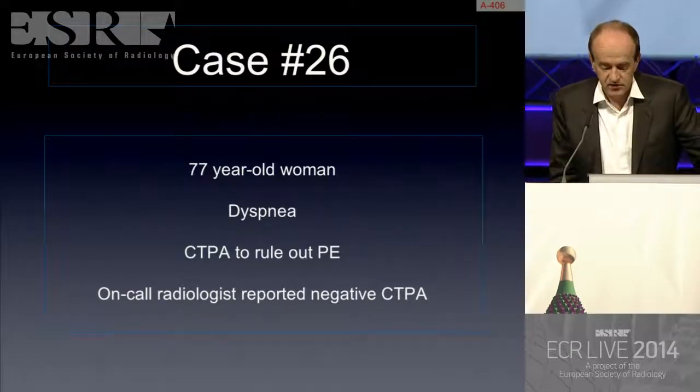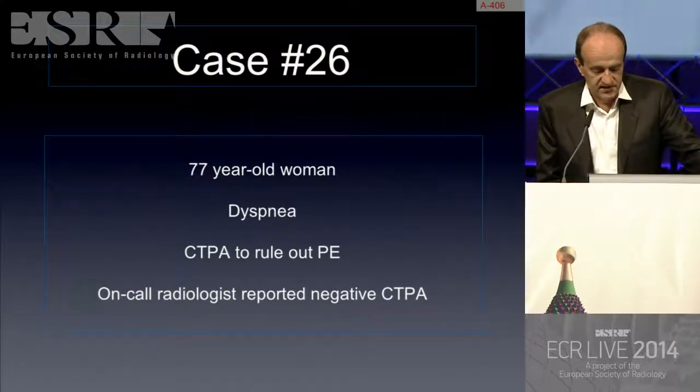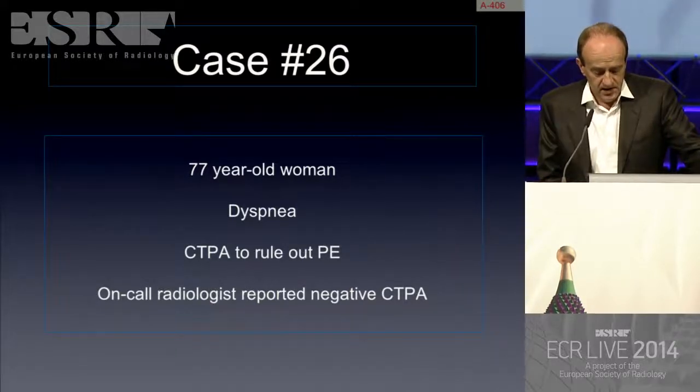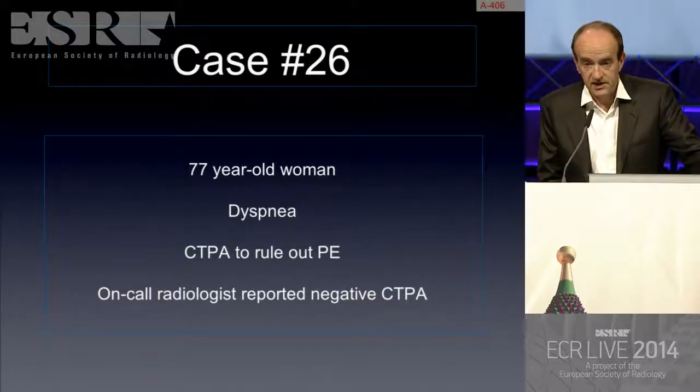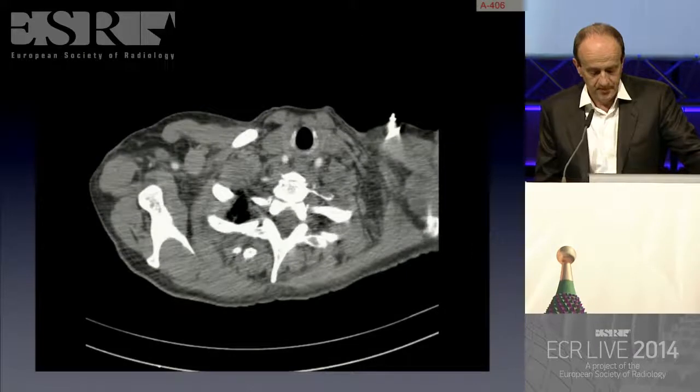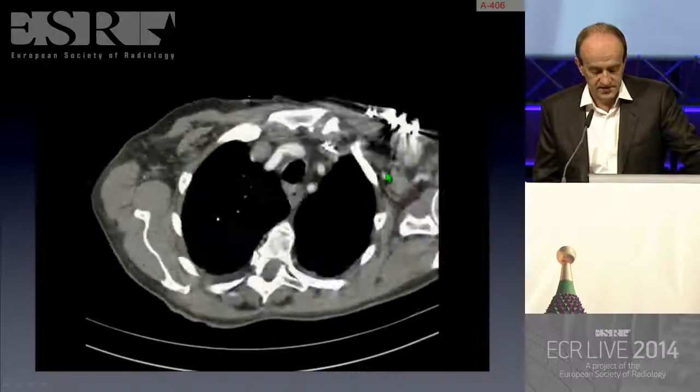Case number 26. This is a 77-year-old woman with dyspnea, and she is referred for a CT pulmonary angiography to rule out PE. And the on-call radiologist reported the CTPA as negative. This is the topogram of the examination. And let's go now through the axial slices.